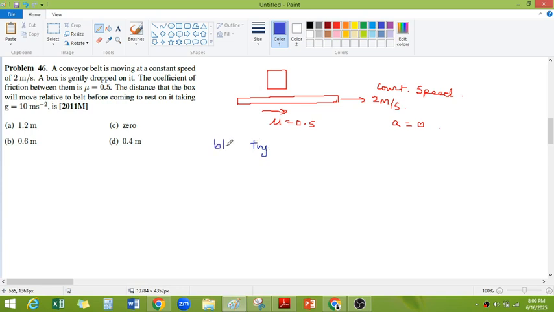The block will try to slip backwards, which means F friction acts forward.